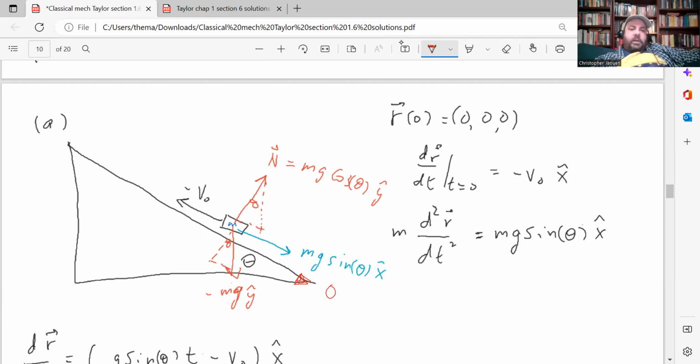The only acceleration that is happening is along the... oh, this shouldn't be a y hat here. Sorry, let me erase this. Actually, I have to do it like this. Sorry, this should not be a y hat here.